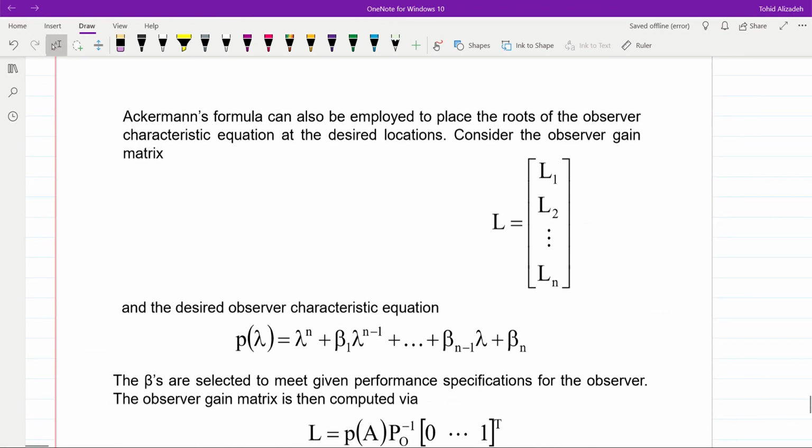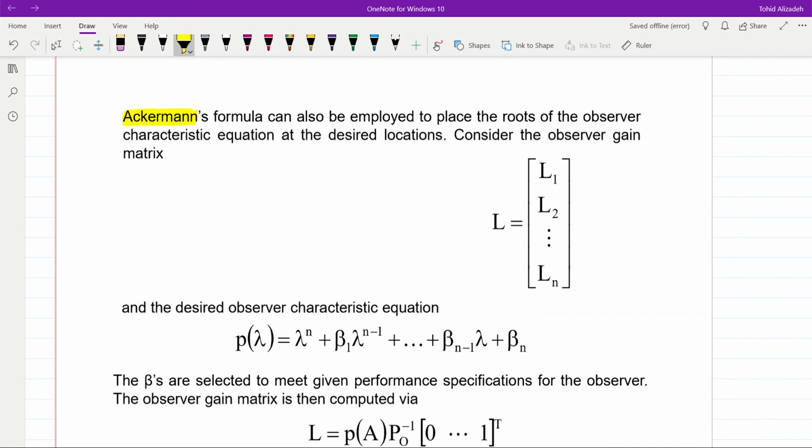If the number of the states increases, then we can refer to Ackermann's formula, as we were doing in designing the controller gain for the full state feedback, to make things simpler. Because if we have, let's say, 10 states, then finding the characteristic equation for the observer and equating it with the desired characteristic equation wouldn't be easy.